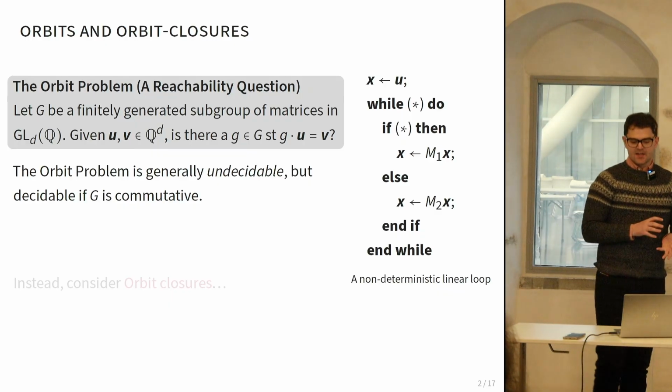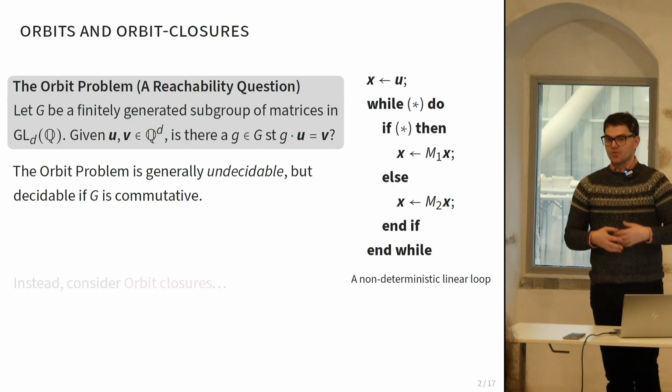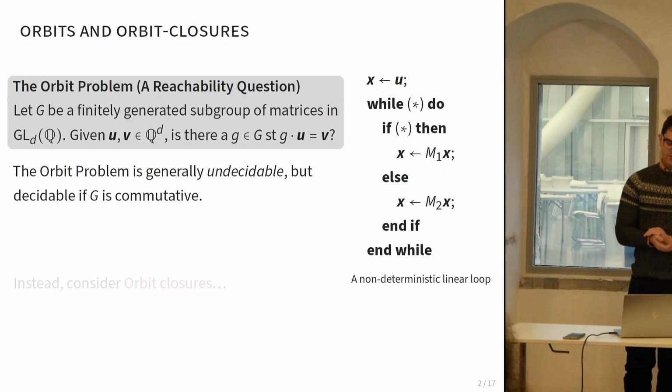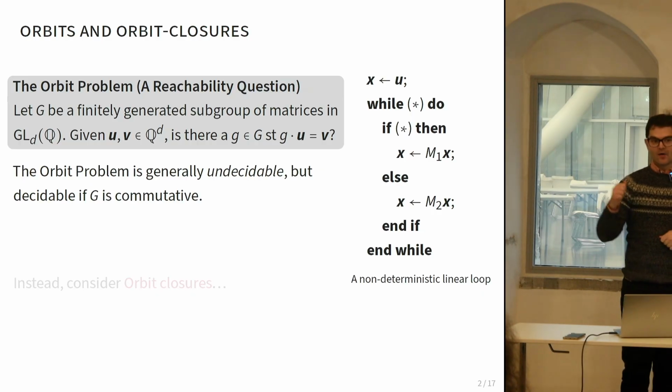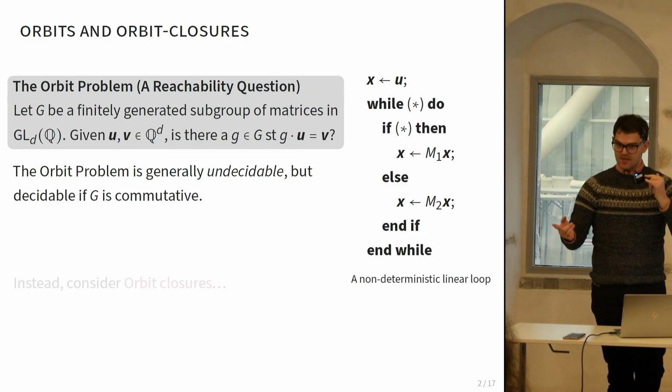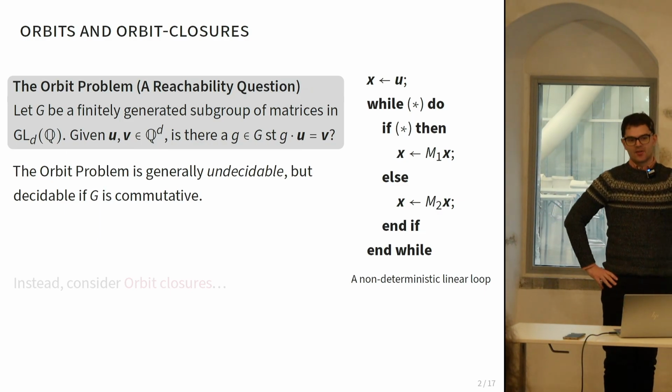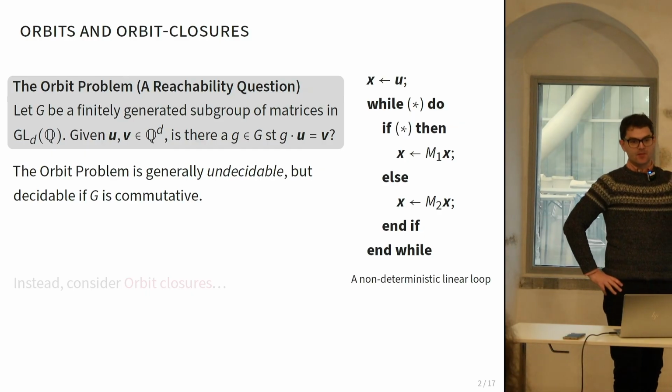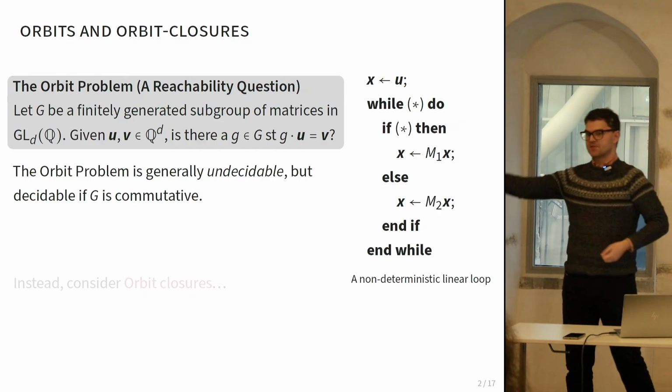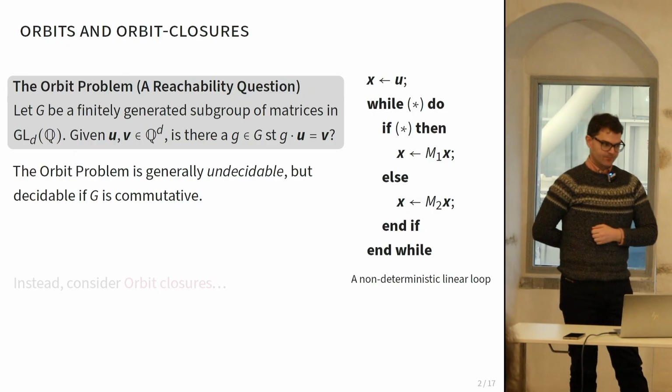In our setting, that reachability question could be thought of in terms of a finitely generated group of matrices, and then I give you one vector as an input, and one vector as an output, u and v, and I ask whether there's a group element from your finitely generated subgroup such that you can make that transition from one point to the next.